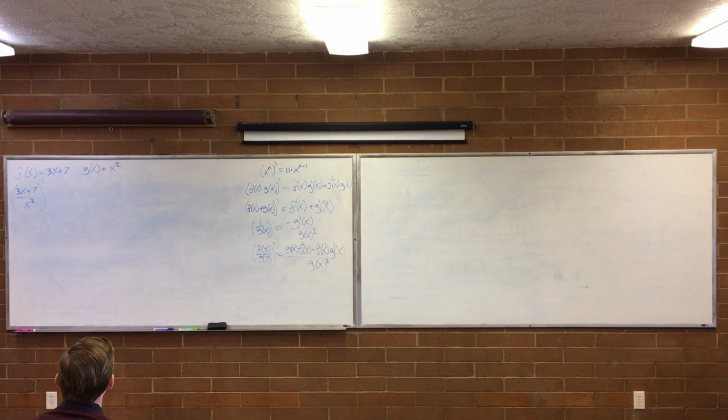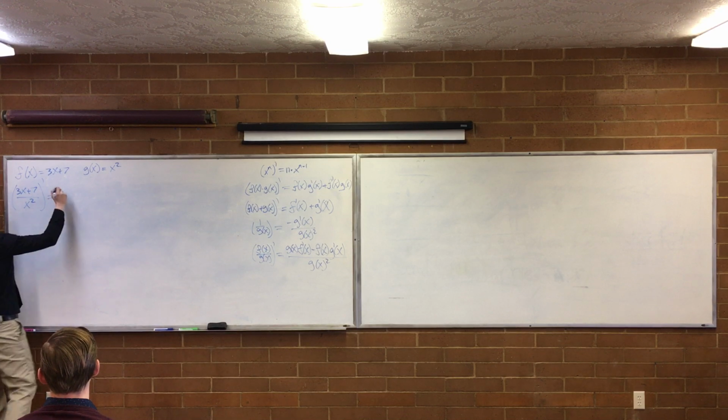I was going to write it out without using the rule, but it's going to get messy. Should we write it out without using the rule, or should we just use the rule and see how to use it? Just use the rule. Because otherwise we're going to have to do the limit as x approaches x naught and evaluate this whole thing. So we'll just use the rule and see what this comes out to.